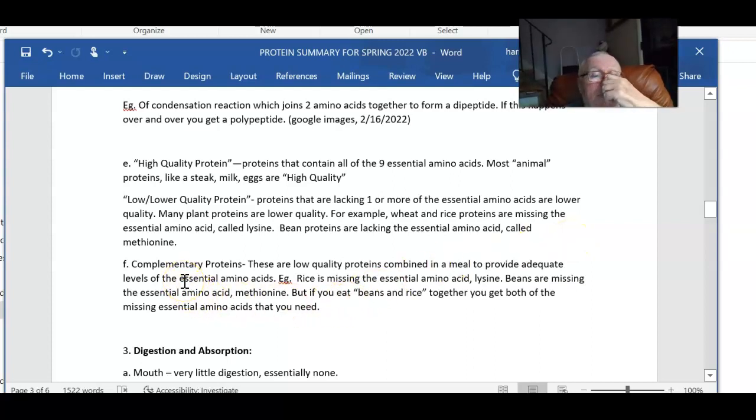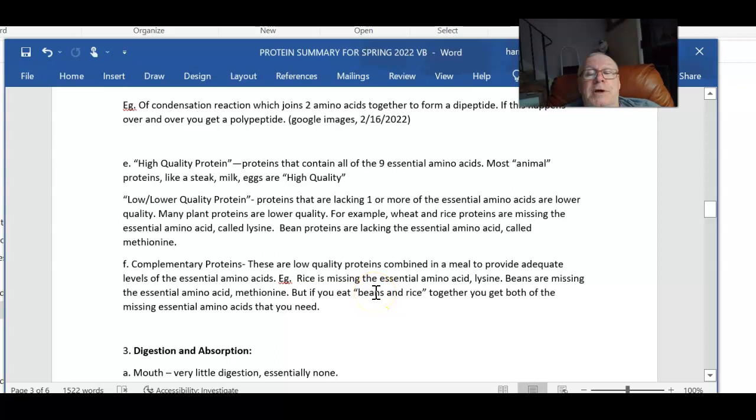Complementary proteins are lower quality proteins combined in a meal to provide adequate levels of the essential amino acids. For example, rice is missing the essential amino acid lysine. Beans are missing the essential amino acid methionine. But if you eat them together, beans and rice, they complement each other.